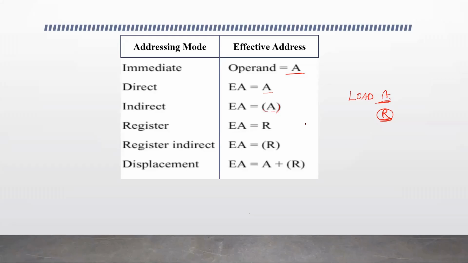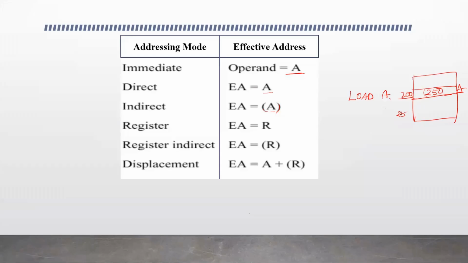You remember, if the instruction is load A, in memory at this location A, let's say here it is 250. This is location 200. A is at location 200 and the value in it is 250. So this 250 is not the operand, this is the effective address.